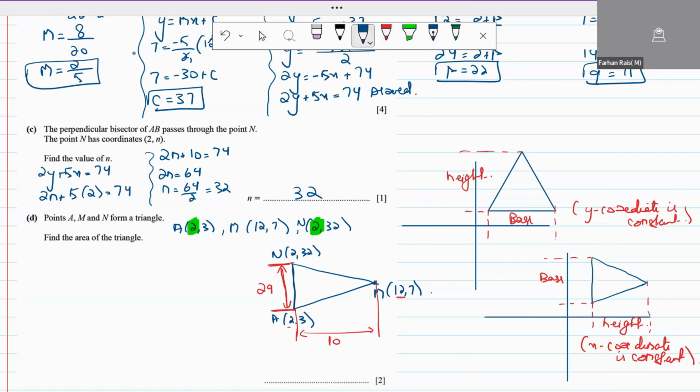Now we'll use the area formula. Area is equal to half into base into height. Half, base is 29, height is 10. The 2 ones are 2, 2 5s are 10, and 5 times 29 is 145.